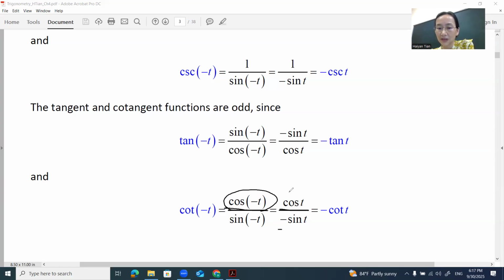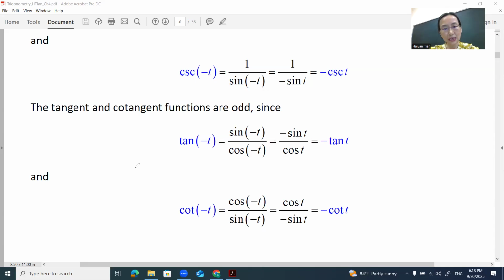Cosine is even, so cosine negative t is cosine positive t. They are the same. Sine is odd. Sine negative t is negative sine t. So then when we divide cosine by sine t, we get cotangent. So this is some algebra and also some analysis we can practice to understand.